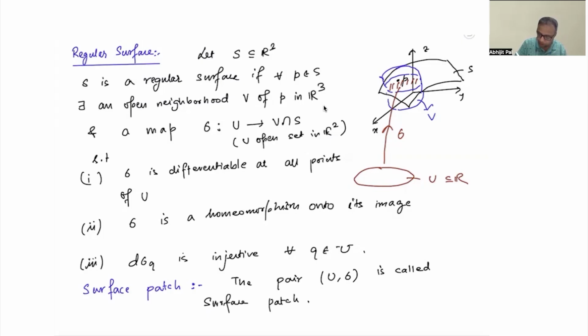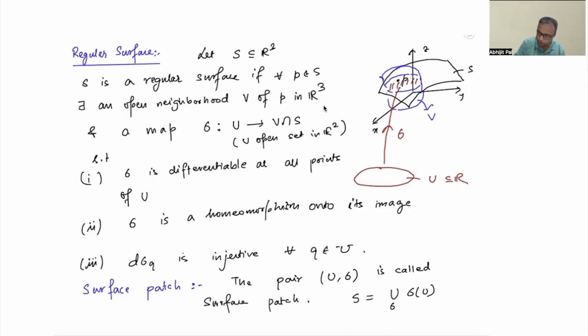Also note that S is in fact the union of sigma of U, where sigma is varying over all maps.